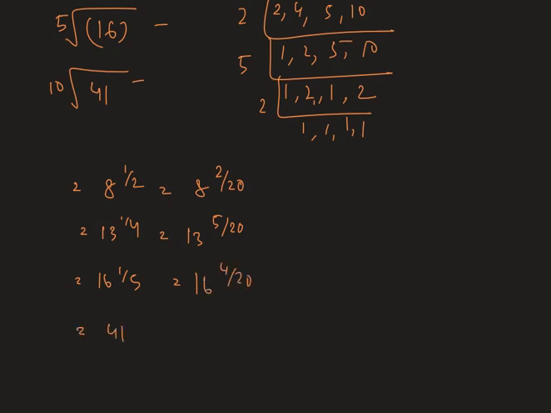And lastly 41 to the power 1 by 10 can be written as 41 to the power 2 by 20. Sorry, here we have 10 by 20. So if we write in this way, we get a proper visualization of what is going on basically.